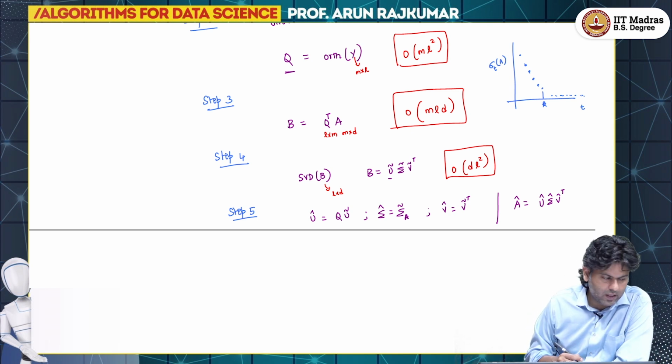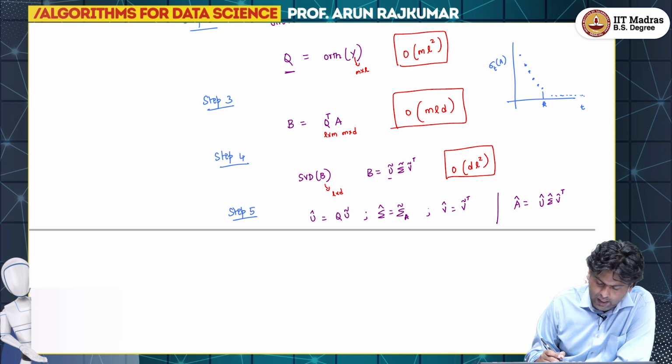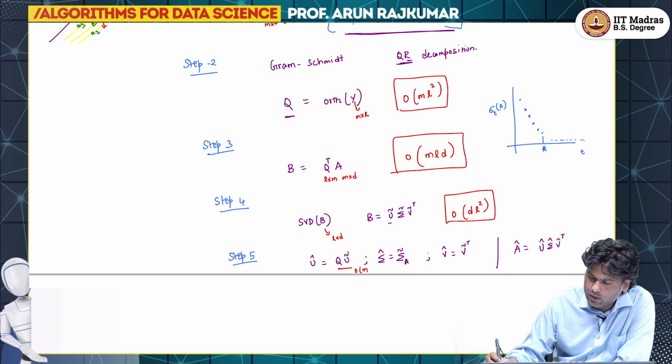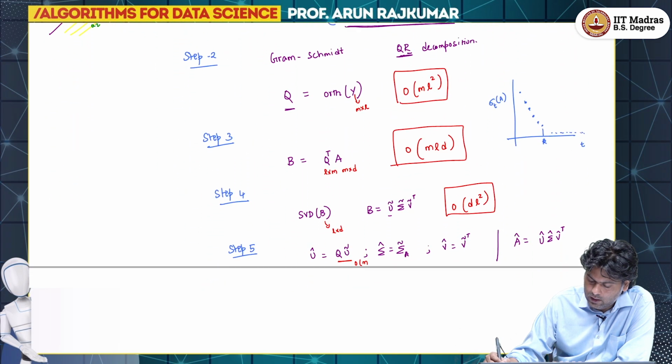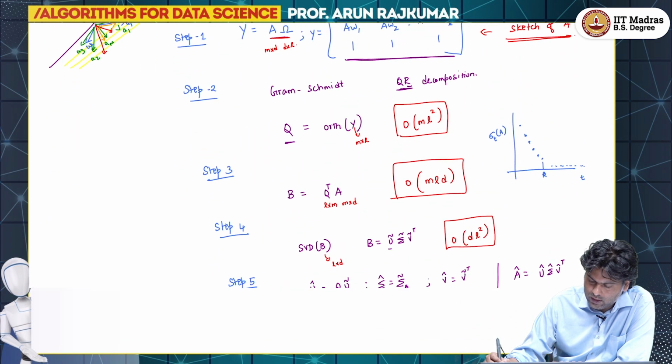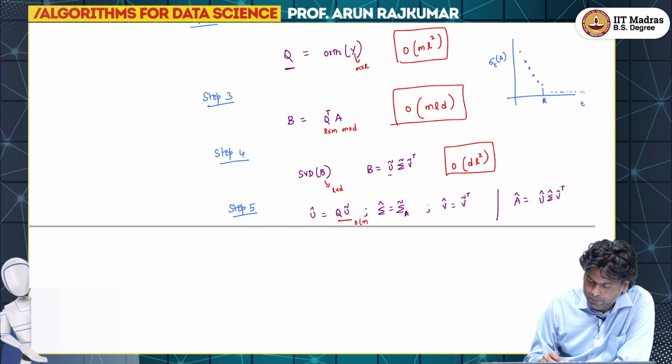And then we will take the top k of this and set U hat as Q times u hat. So, that is going to take another, Q itself was mL, and this is Lk. So, this is going to take order of mLk.